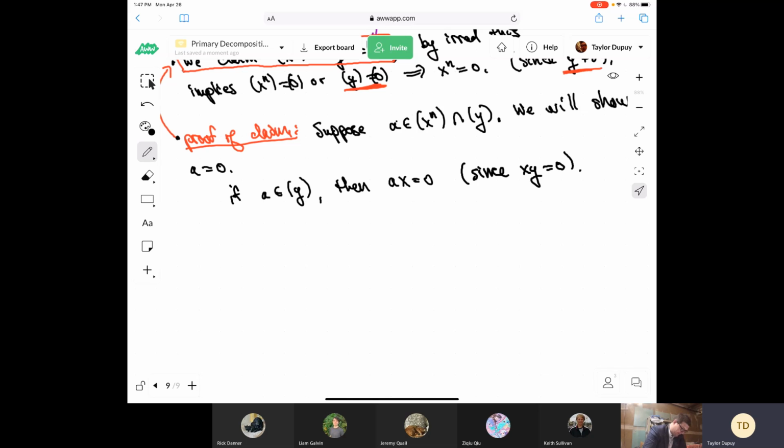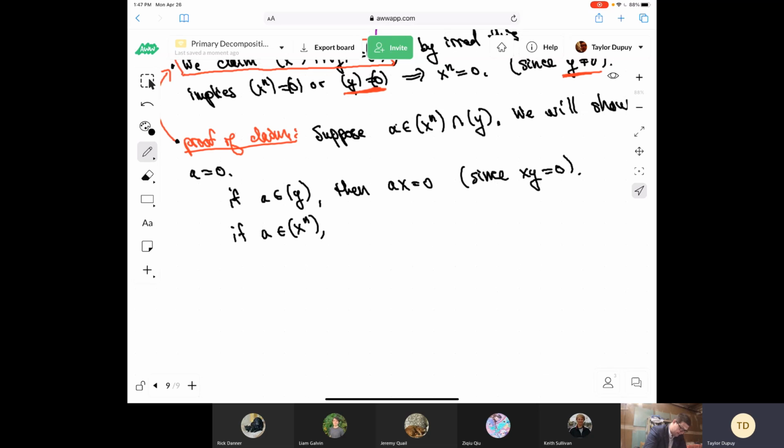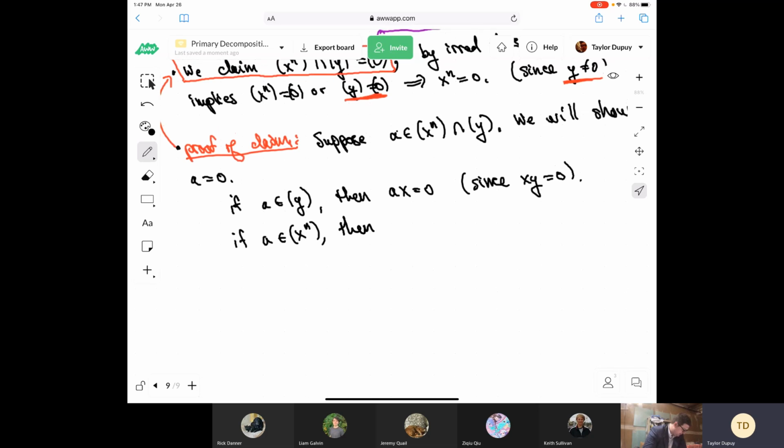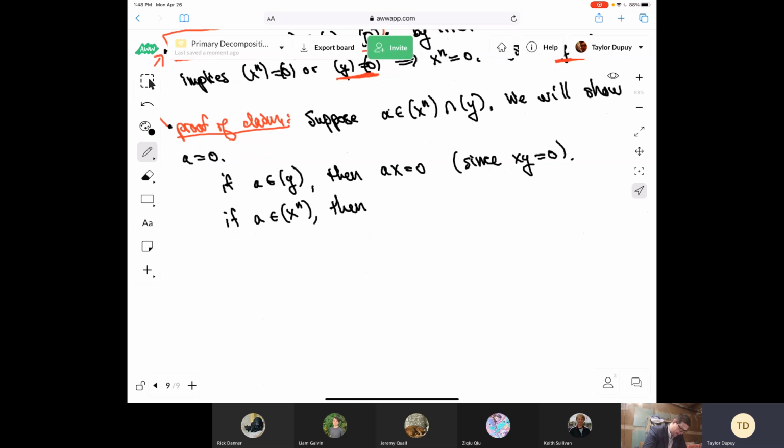If A was in x to the n, then A is equal to x to the n times b, which implies that b x to the n plus 1 is equal to 0.